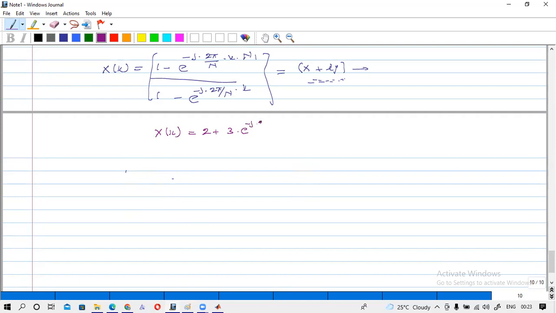E to the power minus j 2π by 4 kn, k1 minus e to the power minus j 2π by 4 k, plus e to the power minus j 2π by 4 k. This is 0, this is 1, this is 2, this will be 3, this will be 4. Okay, so I think this is the series, no?